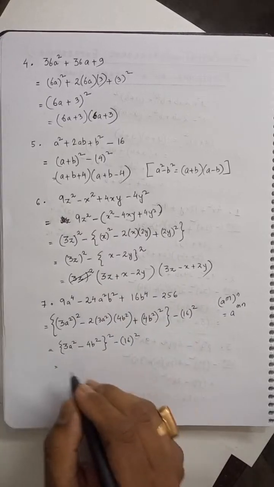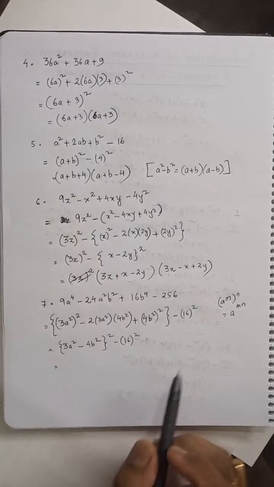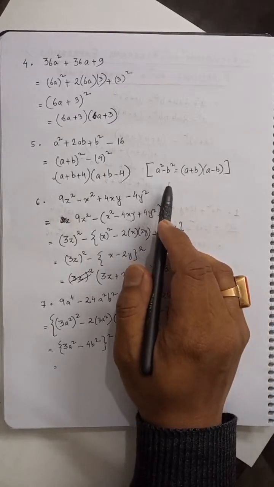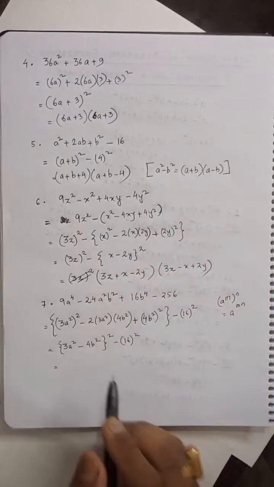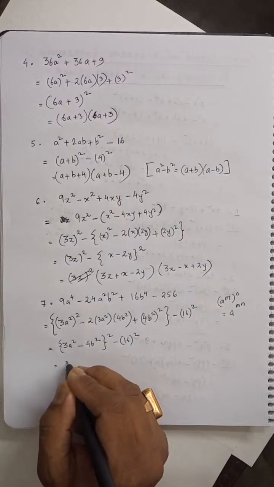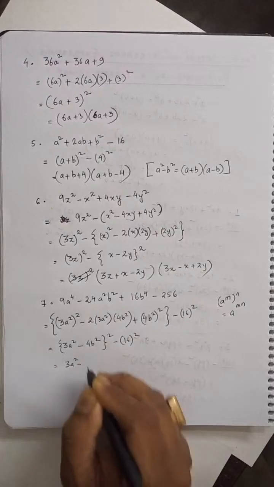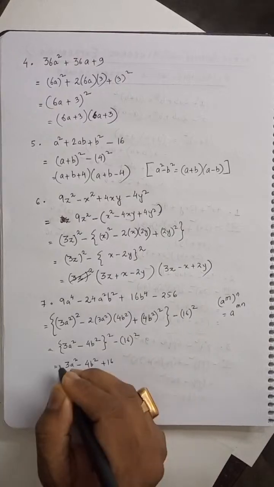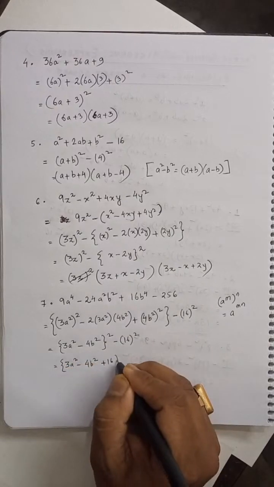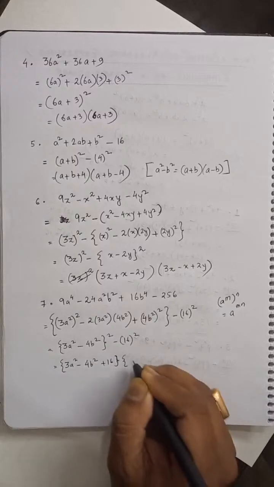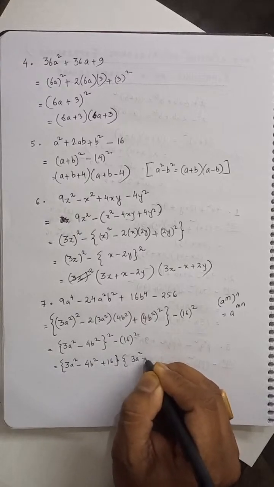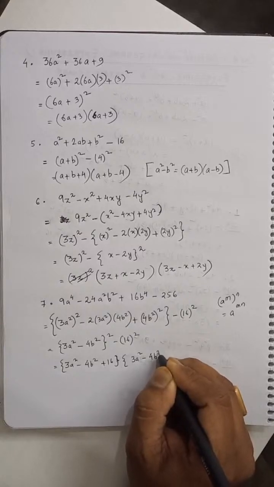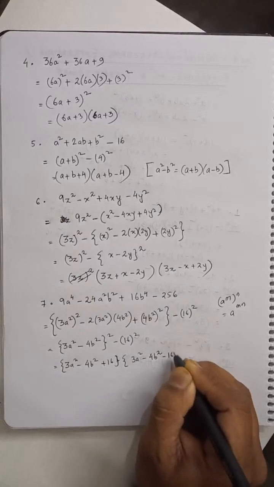Okay, so again we'll use this identity, a square minus b square equals a plus b into a minus b. Okay, so we'll have 3a square minus 4b square plus 16, 3a square minus 4b square minus 16.